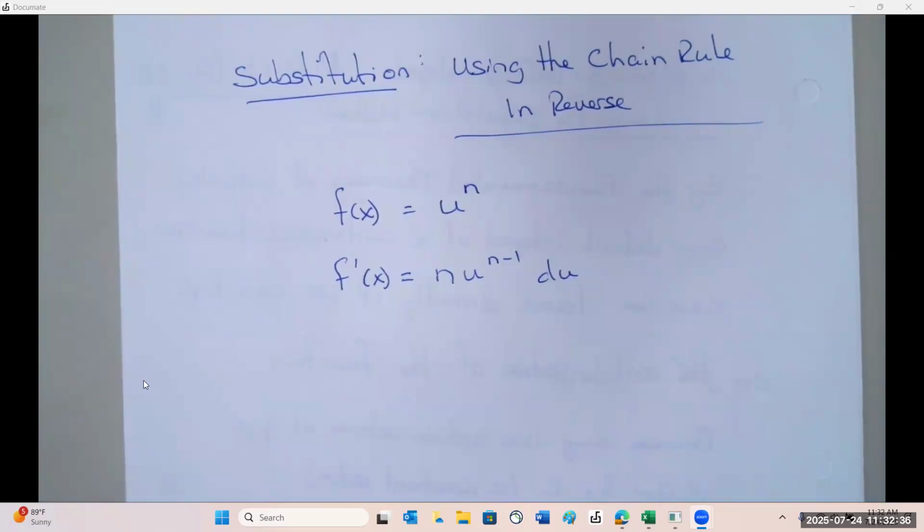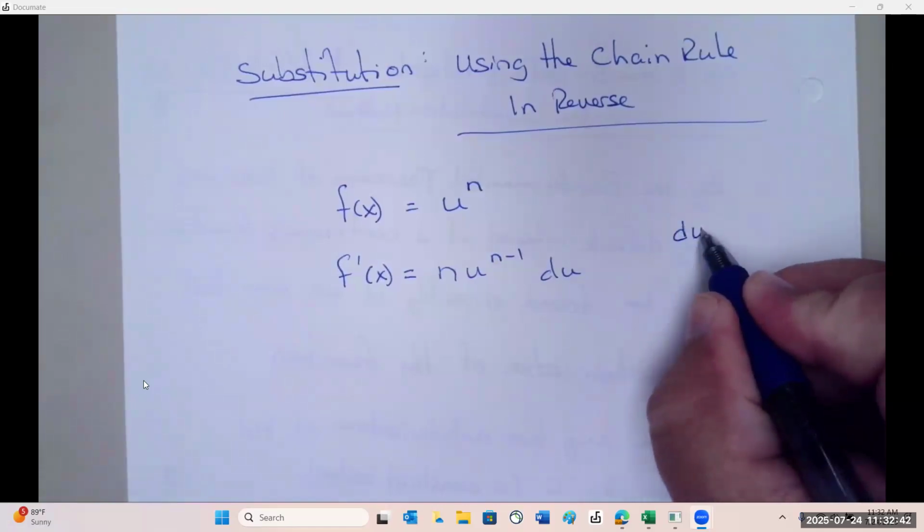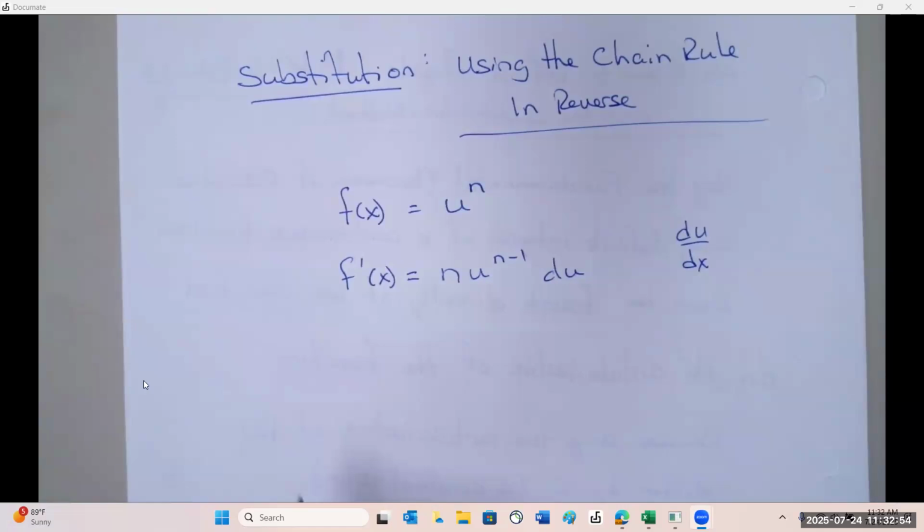You can't forget the du part, because it's going to be important. du is a function of x. Remember, the function itself is a function of x.